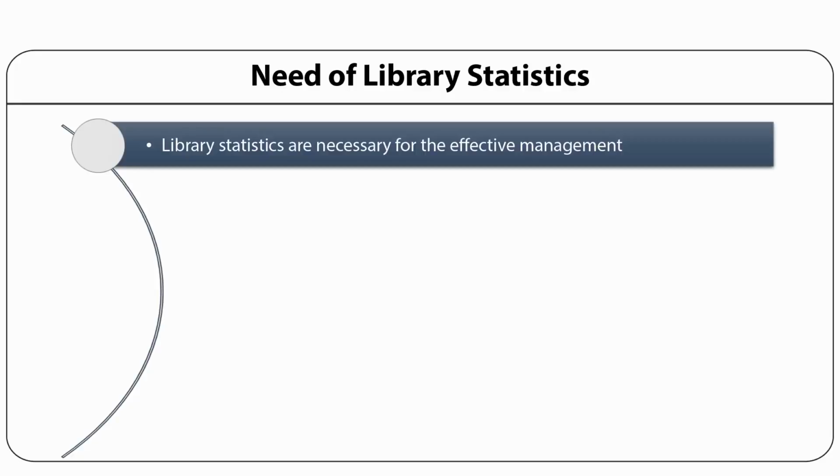It is judged by finding out how many library visitors are visiting the libraries, what the usage of library resources is, how these resources are being utilized, and to what extent these resources are updated or validated by the users. So that is why effective management of a library needs library statistics.